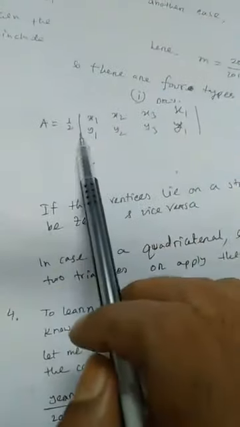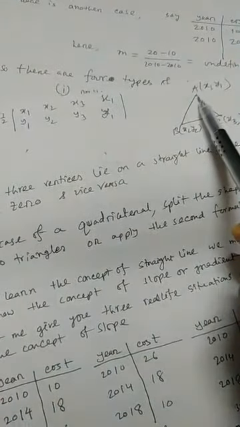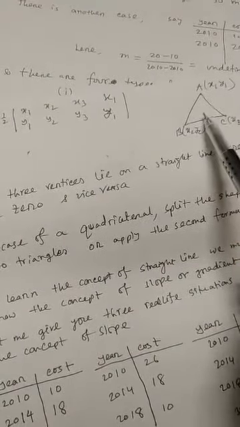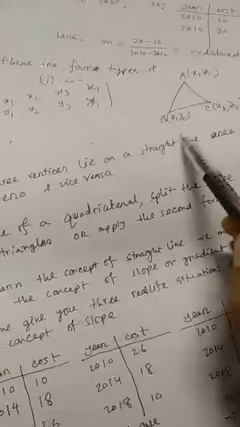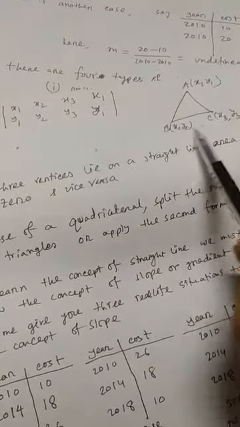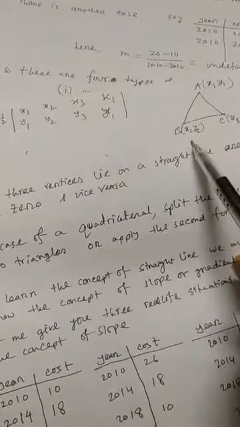Area is half of this. In this case, you start from any point, either from here or from here or from here. From which point you start is up to you. But say I'm starting from here. You can rotate in the anti-clockwise direction or in the clockwise direction. Here I am rotating anti-clockwise.